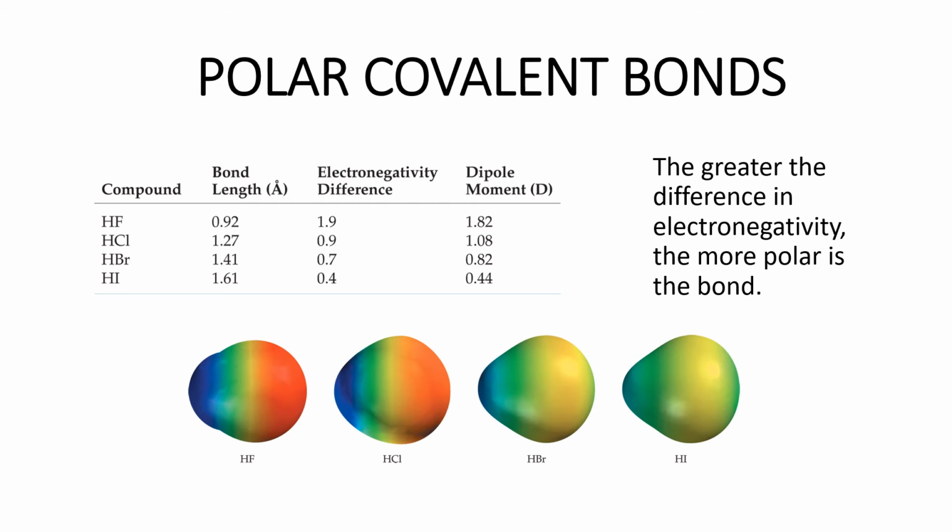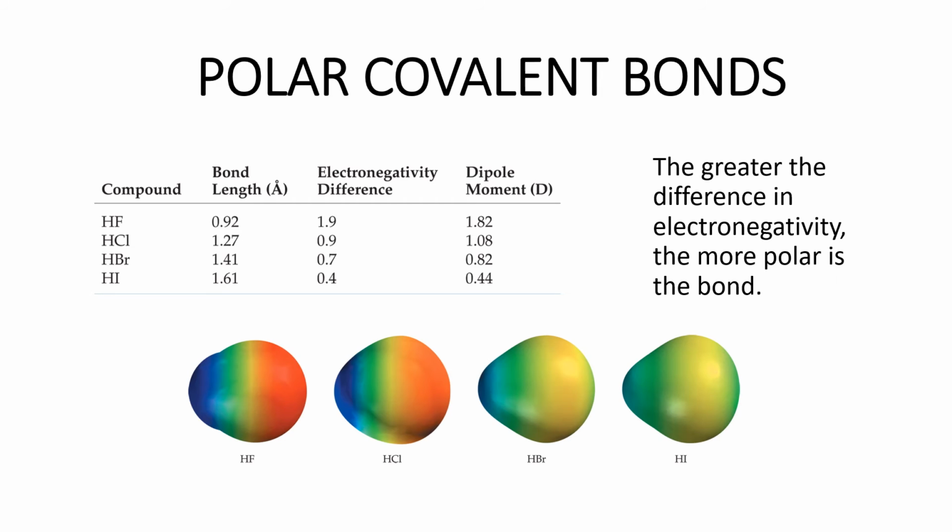In this table is an example of the dipole moments of different hydrogen halides. The highest dipole moment is observed in hydrogen fluoride and the lowest in hydrogen iodide, because when you go down the group of the periodic table, the electronegativity decreases. Therefore, the electronegativity difference between hydrogen and that atom is low, meaning the dipole moment is low.